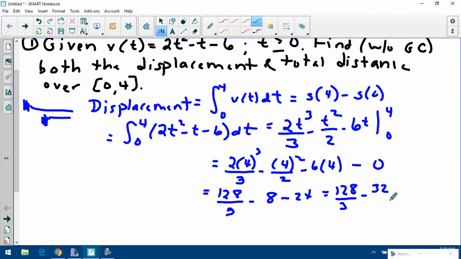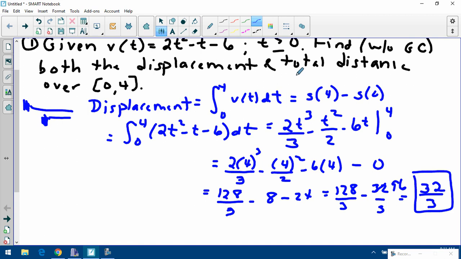And you have to think of this as over 3. So if 32 was over 3, I'd multiply the top by 3 also, which would be 96. So 128 minus 96, that is 32 thirds. Everyone's favorite answer. Okay, so we got a displacement of 32 thirds.